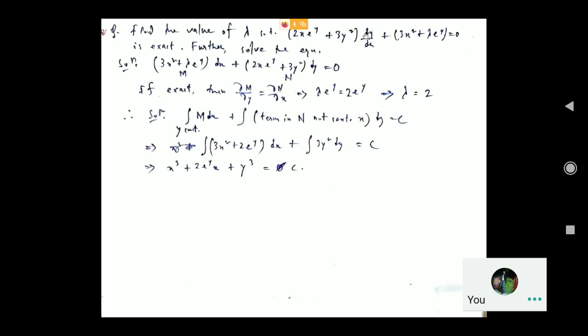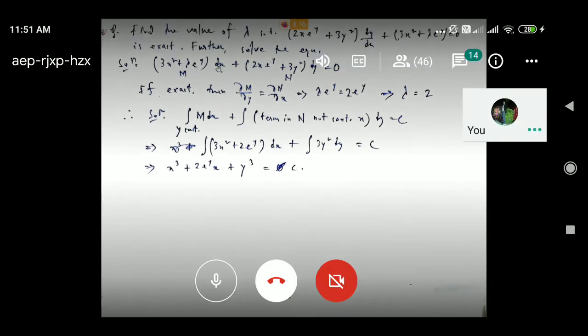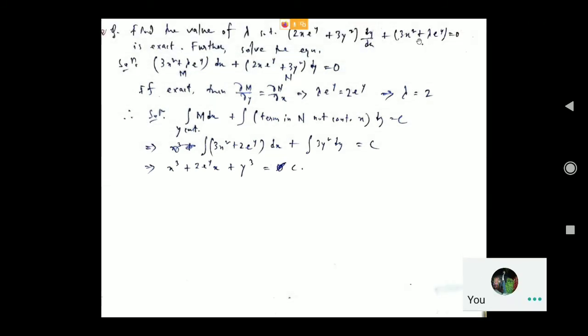Here you see dy is multiplied with this, so this will be our N. M will be that expression which is multiplied with dx. I was mistaken. This is only our M because the M is the term which is multiplied with dx.